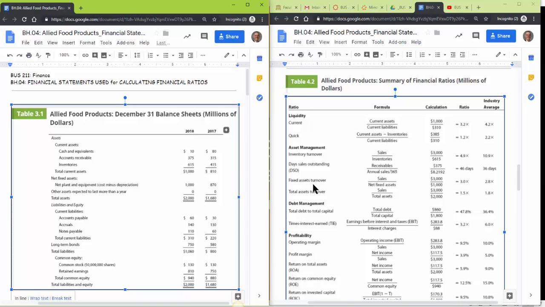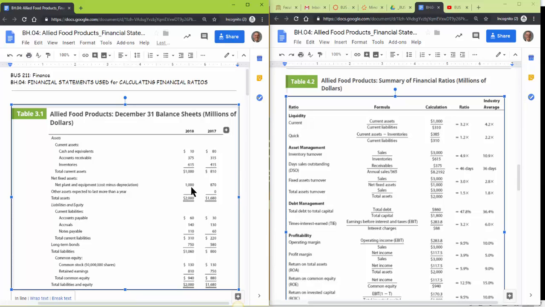Third, let's examine the fixed assets turnover. The fixed assets turnover is the sales divided by the net fixed assets. The net fixed assets of a company would be its net plant, property, and equipment: the total purchase price of the plant and equipment that the company uses to generate sales, less any depreciation.